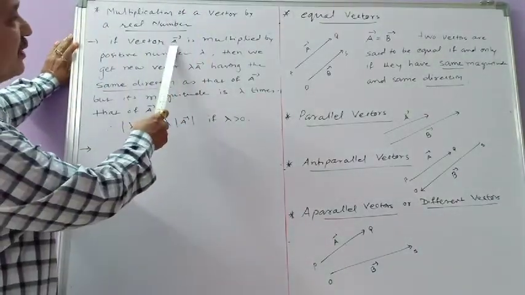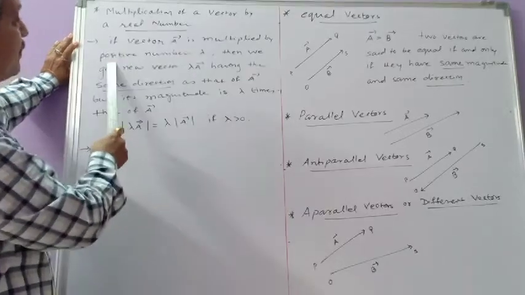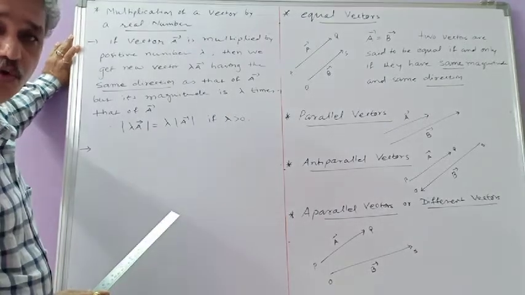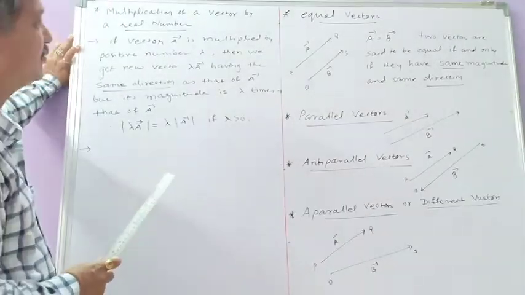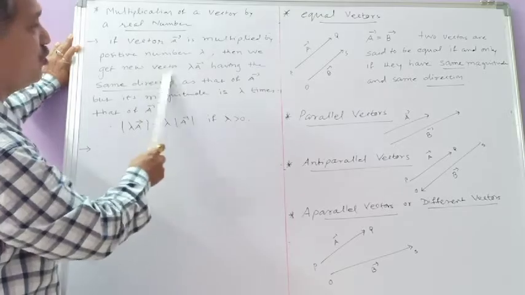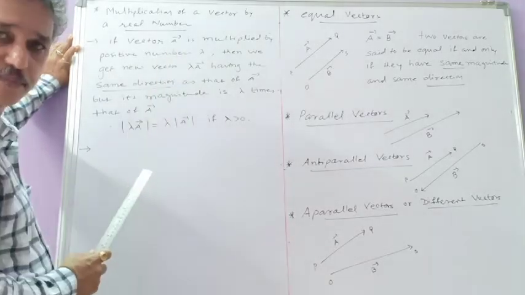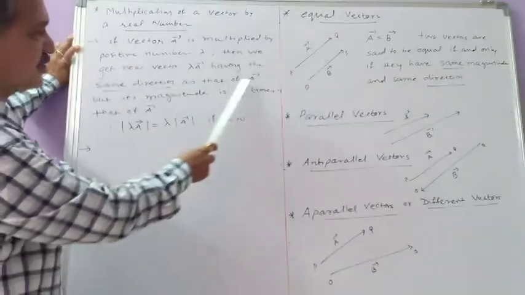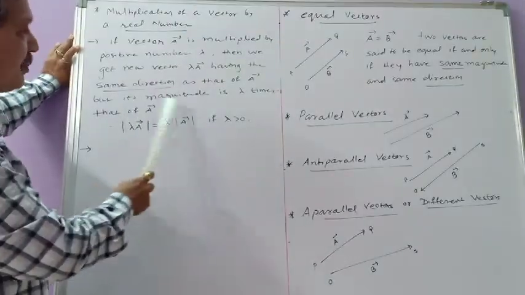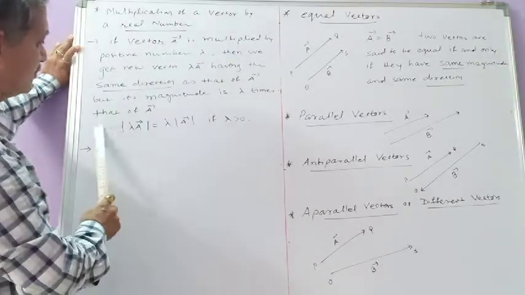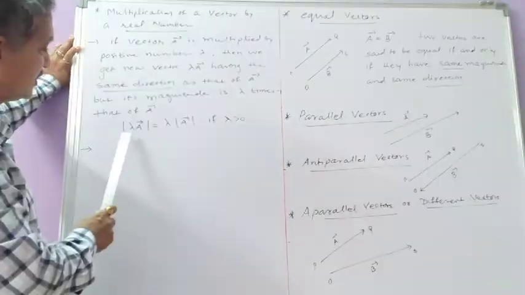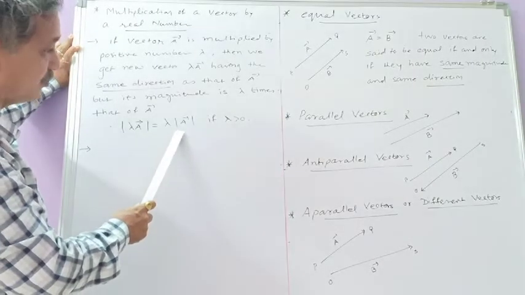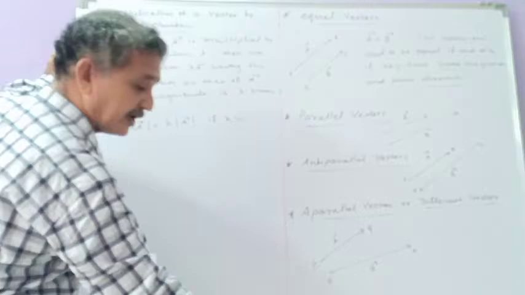If vector A is multiplied by a positive number lambda, lambda may be 1, 2, 3, 4, 5, 6, 7, etc., any positive number, then we get a new vector lambda times vector A. This new vector has the same direction as vector A, but its magnitude is lambda times that of vector A. That's why the modulus of the new vector lambda A is equal to lambda times the modulus of vector A if lambda is greater than 0.